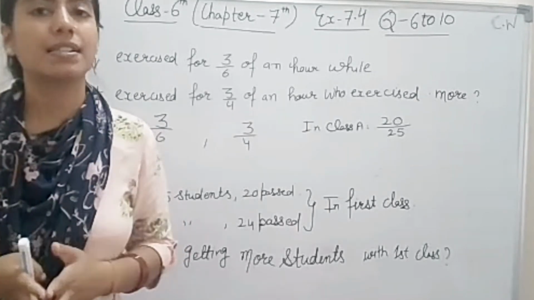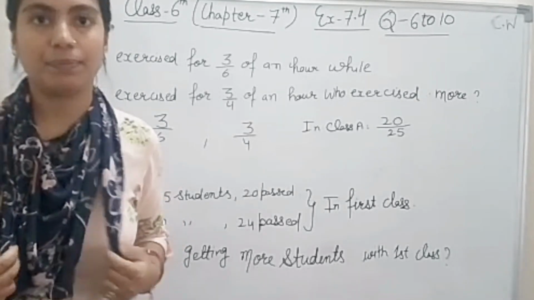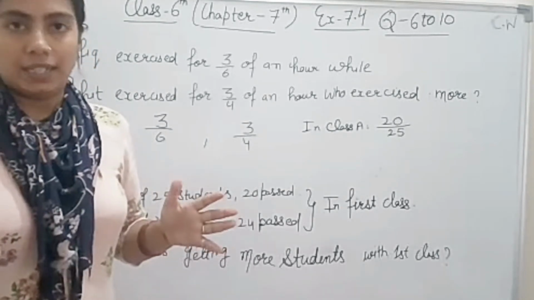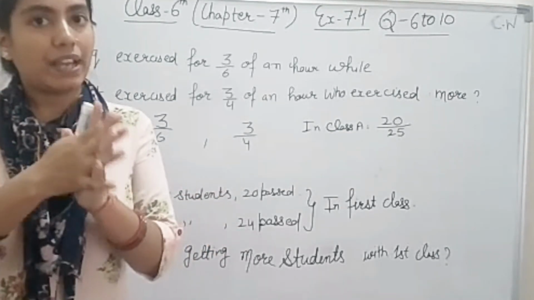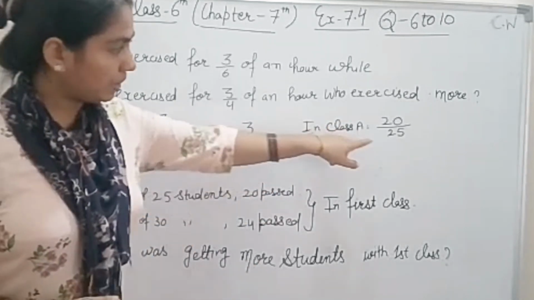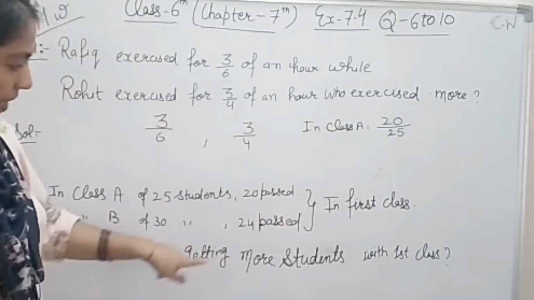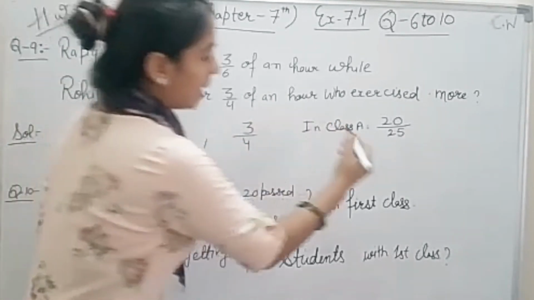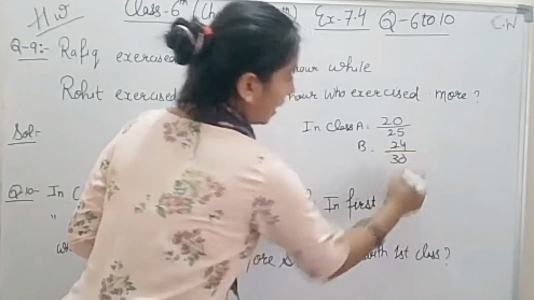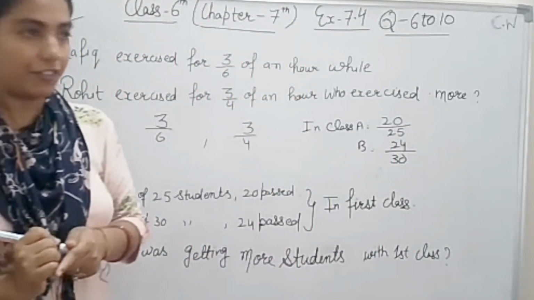Means in which class more students have first division, have passed in first class? How will you do it? See, the denominators are 25 and 30. Means in class B we have out of 30, 24 passed in first class.